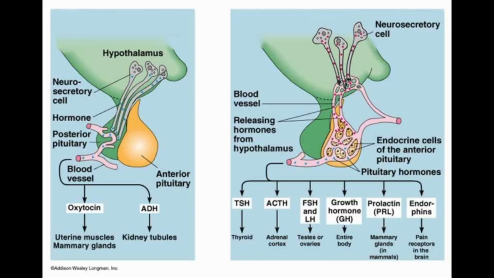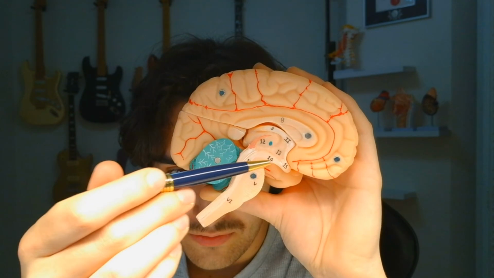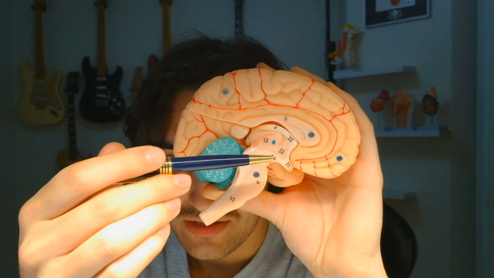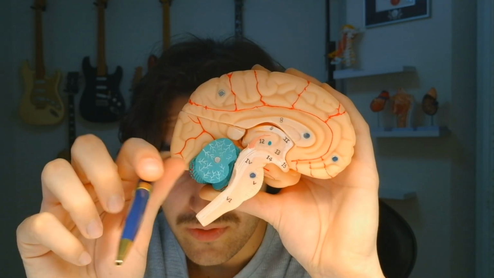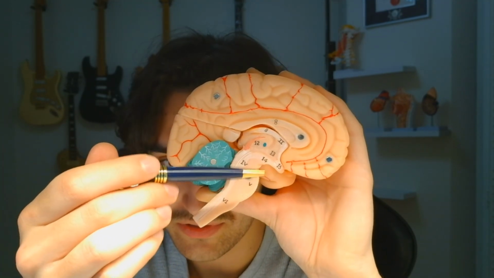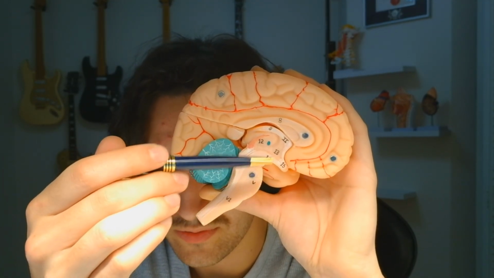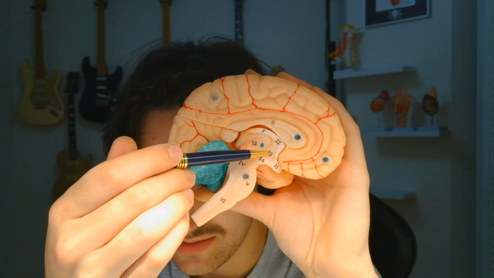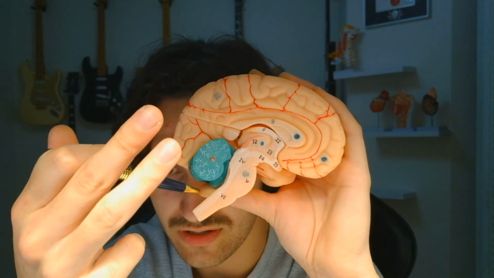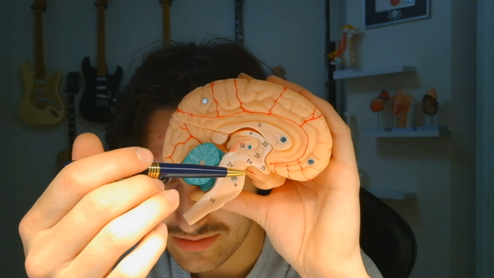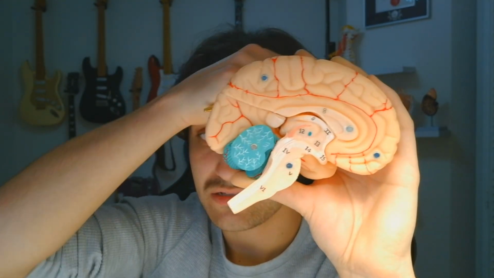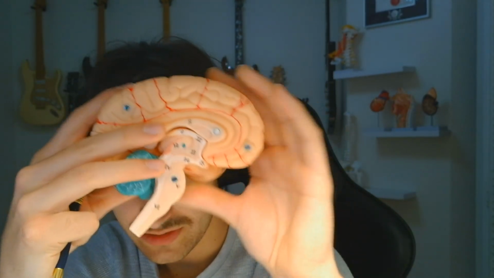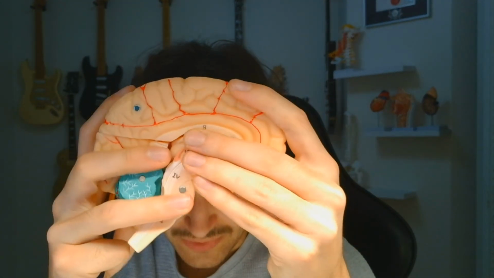Anteriorly, it's an endocrine organ producing hormones like FSH, LH, etc. Whereas posteriorly, it is a neurohormone secretion center. It secretes neurohormones that are actually produced in the hypothalamus. These two neurohormones are oxytocin and vasopressin. Vasopressin regulates blood pressure. Oxytocin has a role in childbirth as well as feelings of bonding.